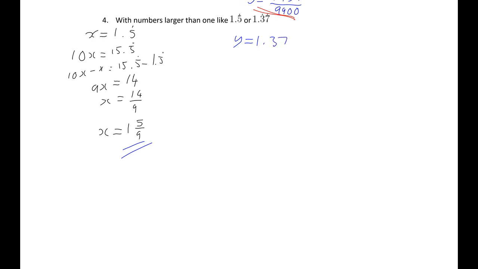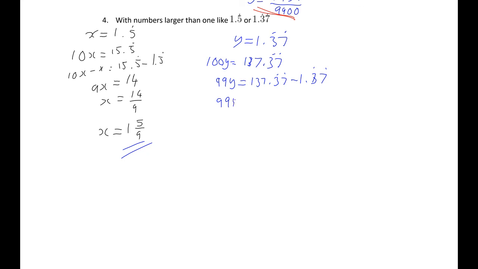Y equals 1.37 recurring. We have 2 recurring numbers, so we times by 100. 100y equals 137.37 recurring. So 100y minus y, 99y equals 137.37 recurring minus 1.37 recurring.